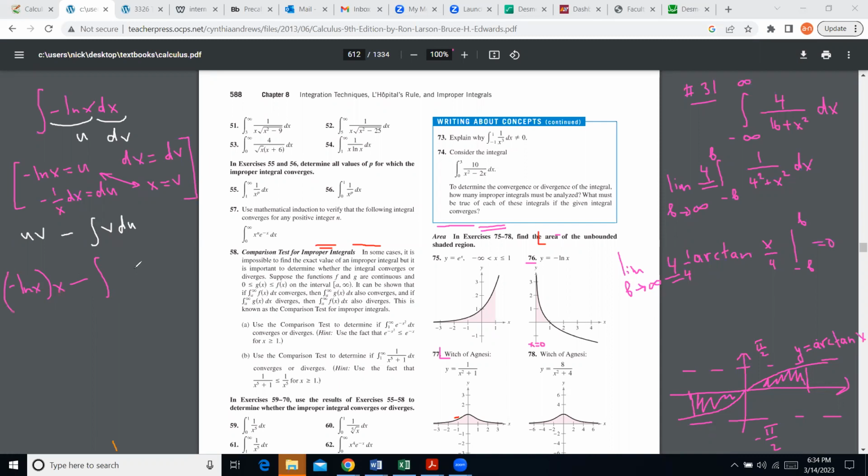So now we take v, which is x, and du, which is minus 1 over x dx. Right? And the x's will cancel, and that makes me always happy. I love cancel. So we have to just integrate 1, and that will give us x. So we have minus x ln x plus x plus the constant.